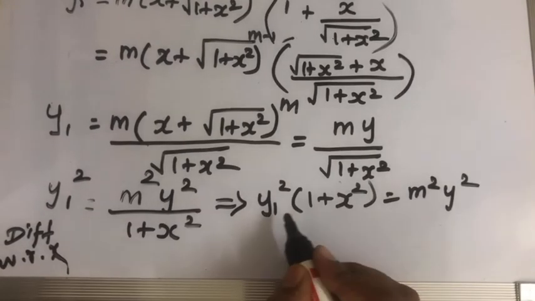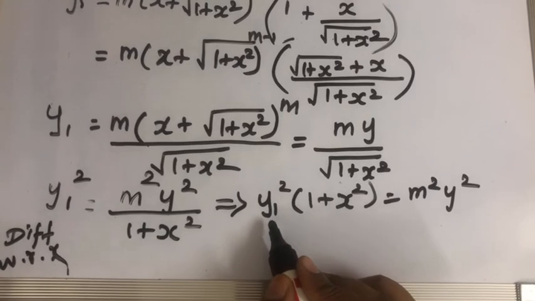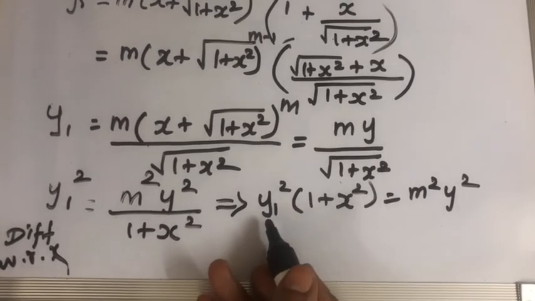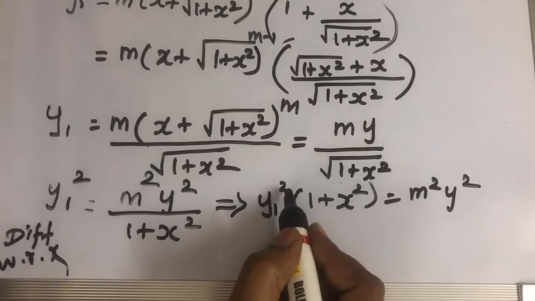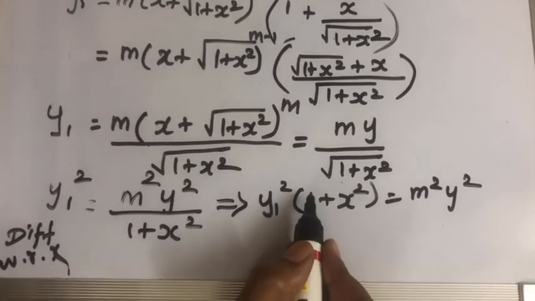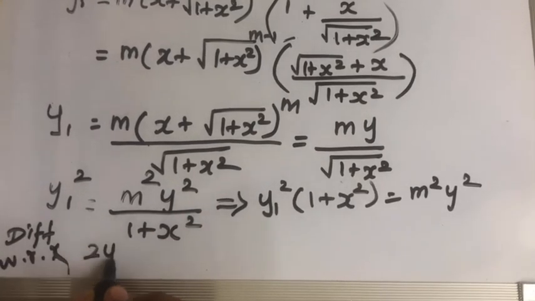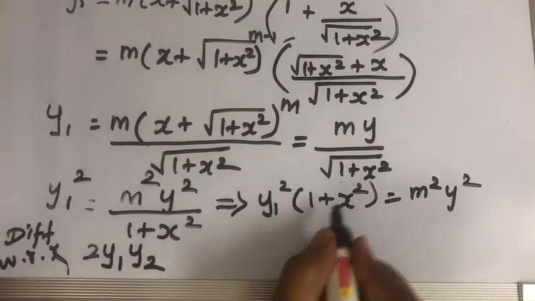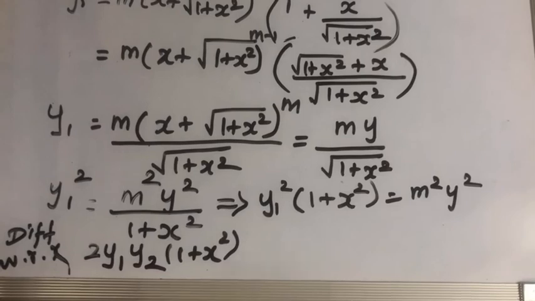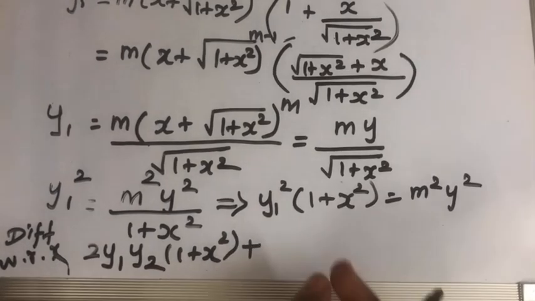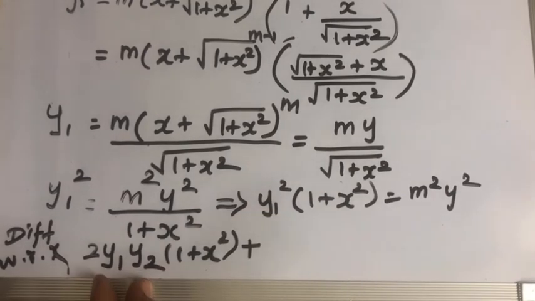So u and v, two functions we have here. We need to differentiate this expression now. To differentiate y1 square, what do you get? 2y1 y2 into this function 1 plus x square as it is. Now plus, here we keep v as it is and differentiate u.